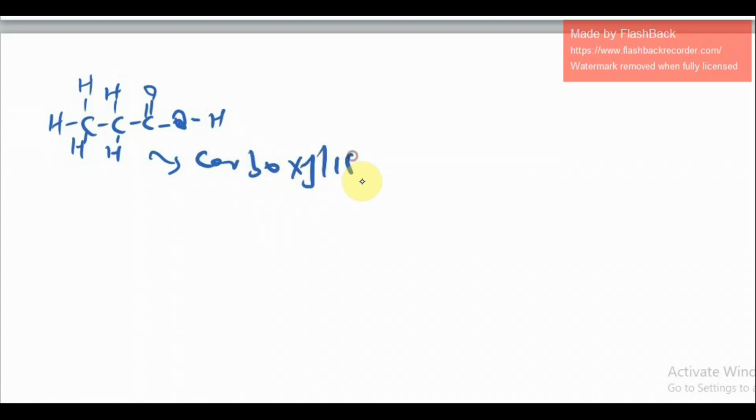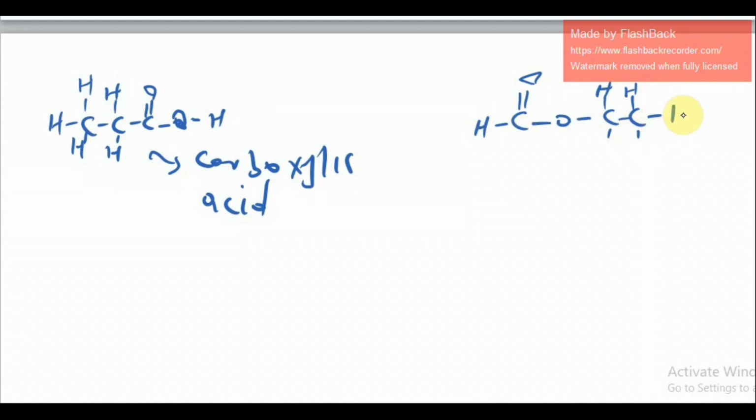Then I have 1, then O, then I have O here, then I have 1, 2. So this one is an ester. The functional group of this one tells us this compound is an ester.